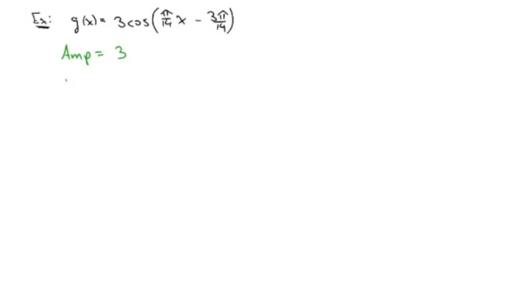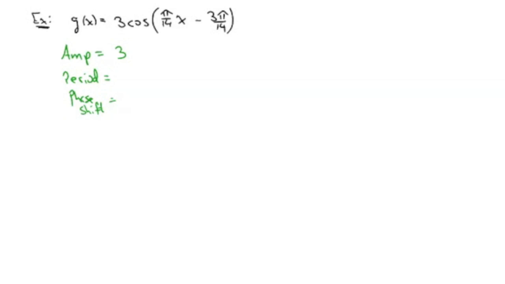Now the period and the translation, phase shift, I really should use that language, we have to go searching for. We can't just stare at it and figure it out. Well, it is a translation left or right, but in trigonometry they just call it a phase shift.